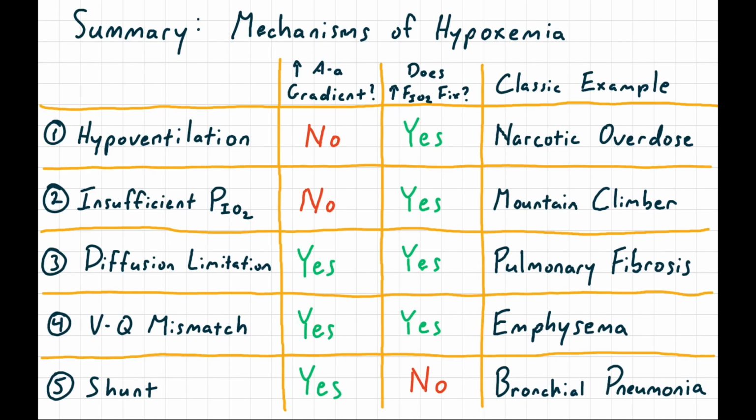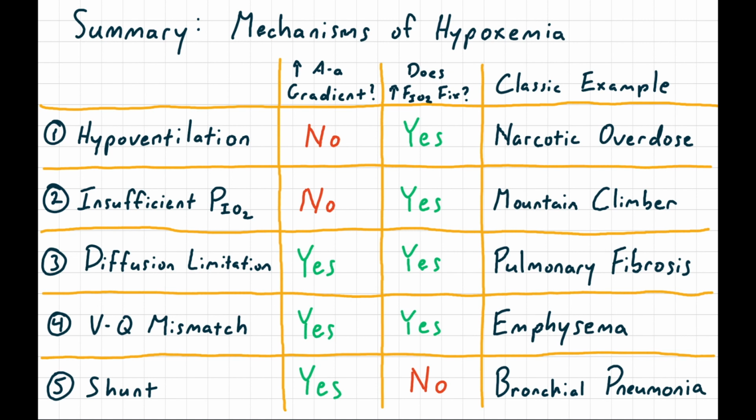Okay, in summary, we looked at the 5 mechanisms of hypoxemia: hypoventilation, insufficient inspired oxygen, diffusion limitation, ventilation-perfusion mismatch, and shunt. For each, we examined whether there's an elevated alveolar arterial oxygen partial pressure gradient. For each, we looked at whether increasing the inspired oxygen fraction can correct the hypoxemia.